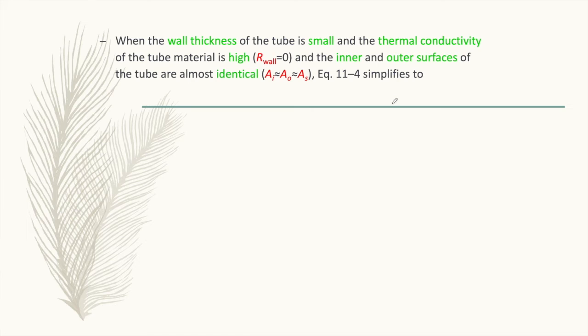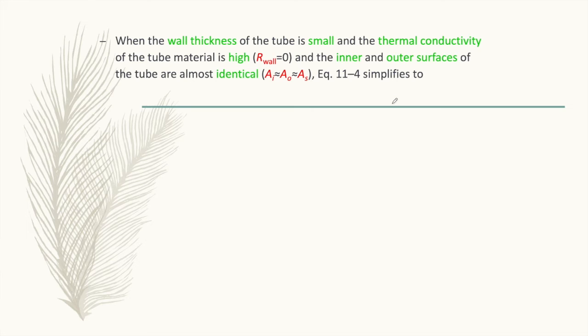Because there is no thickness, we assume that D inside is equivalent to D outside. Therefore, we will neglect the conduction in the wall of the tubes, and the inner and outer surfaces of the tubes are almost identical.